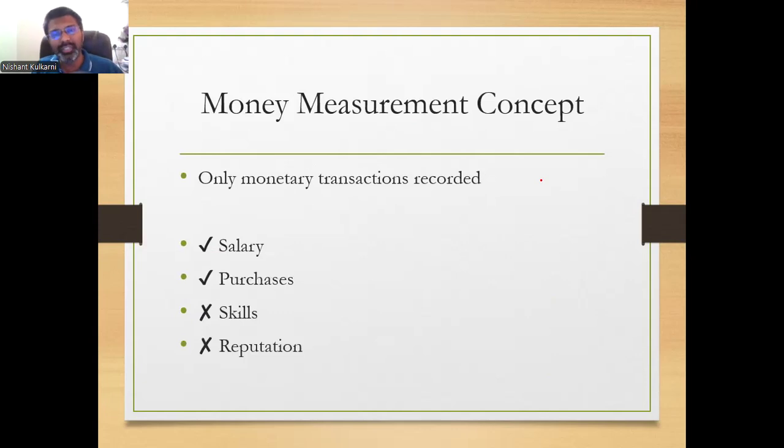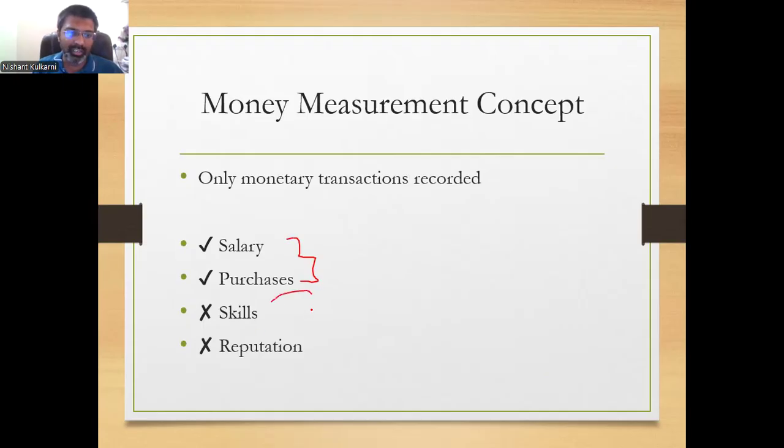The second important concept, money measurement. I think I might have said this in the last video as well. Accounting is done only for the records which are related to money, where there is a transaction, where a monetary exchange is being done, such as salary paid or purchase of goods, where somebody is receiving money and somebody is giving money.